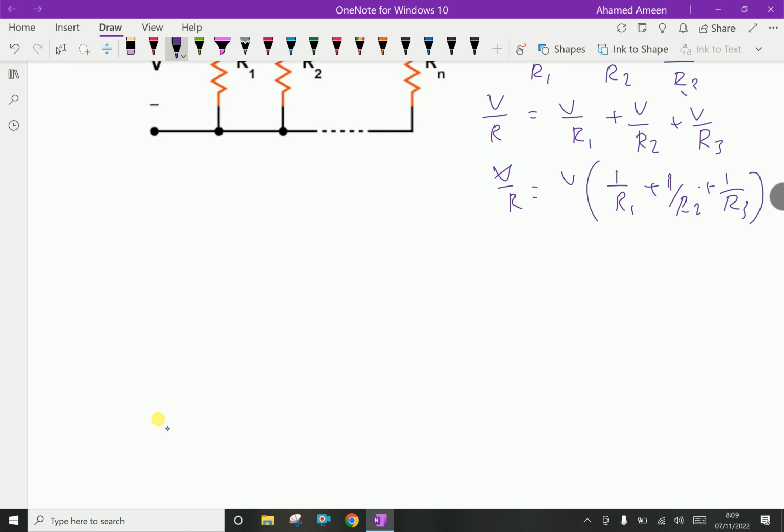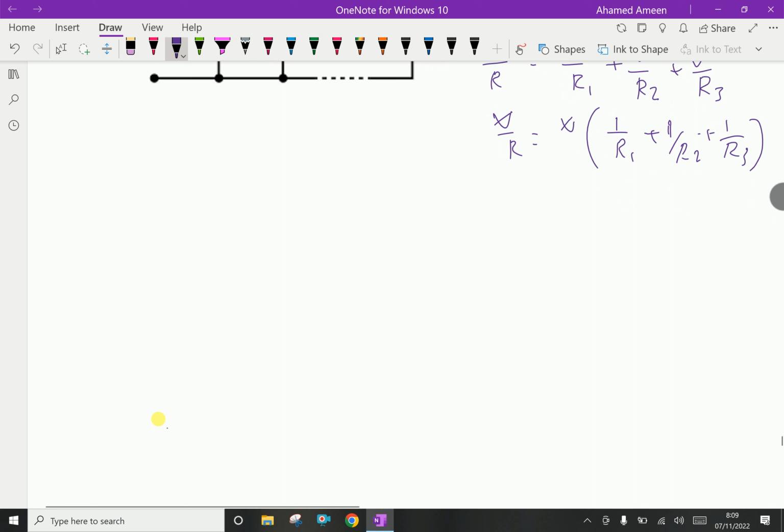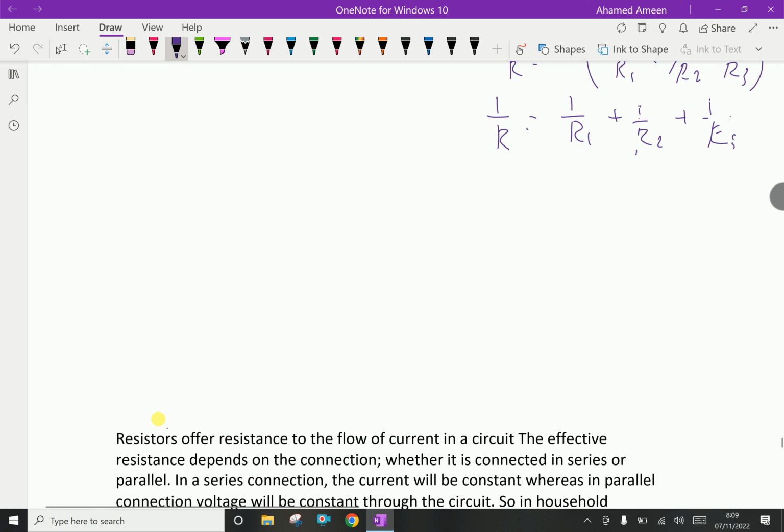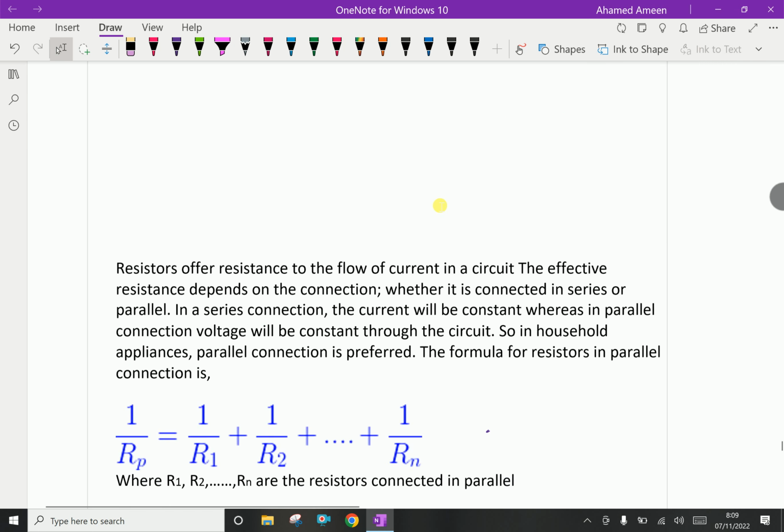Then V and V cancel. So generally, 1 over R equals 1 over R1 plus 1 over R2 plus 1 over R3. This R is the effective resistance. From that, by taking the LCM, adding, and finding the reciprocal, we can find the effective resistance.